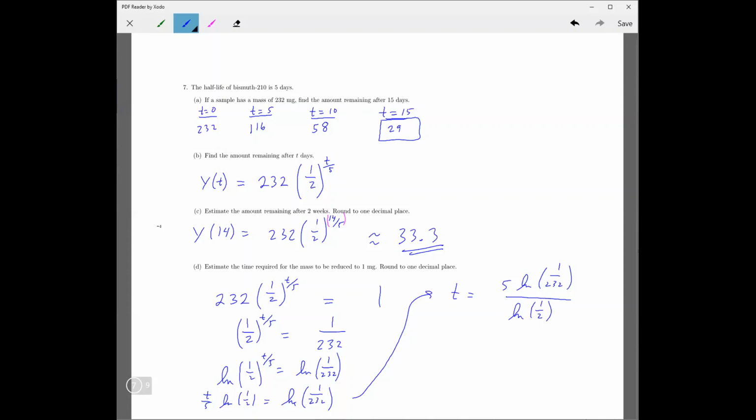Can you see t over 5 log of 1/2 equals log of 1 over 232? Yeah, I can see that. I just can't see what you wrote right below that. Can you see this? I can't see that. You can't see that. Okay.